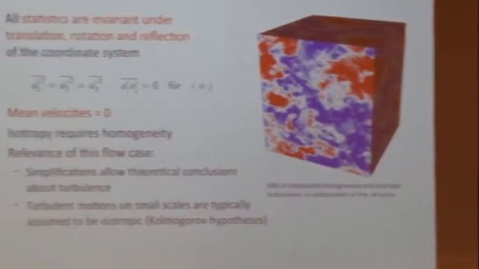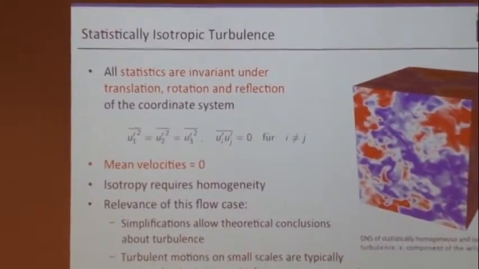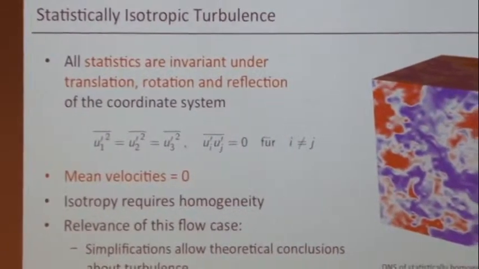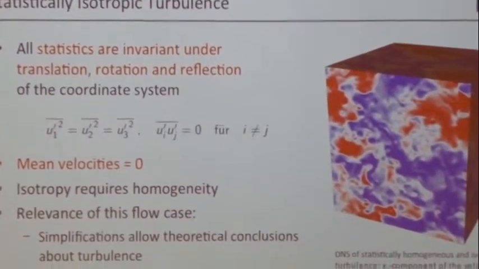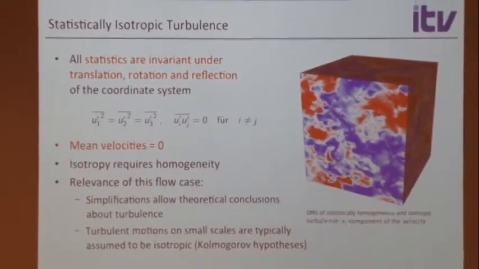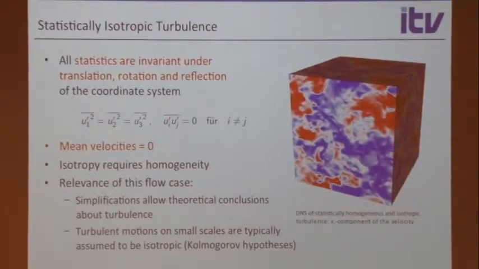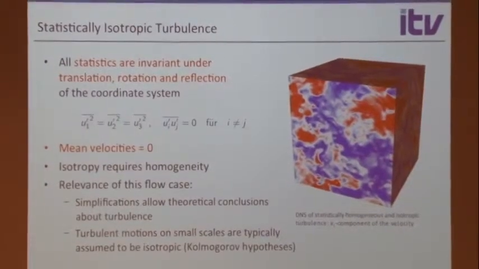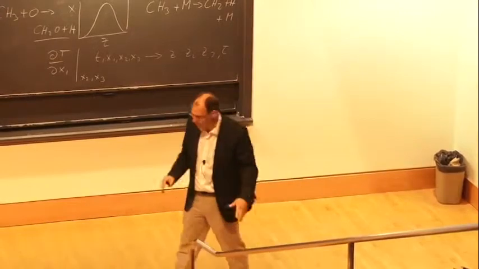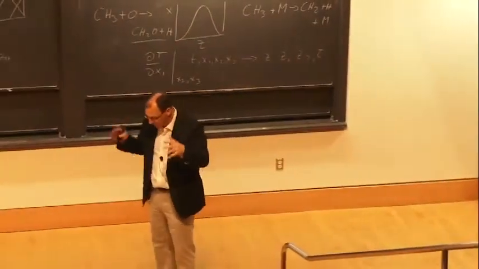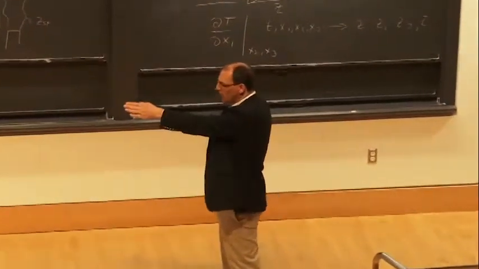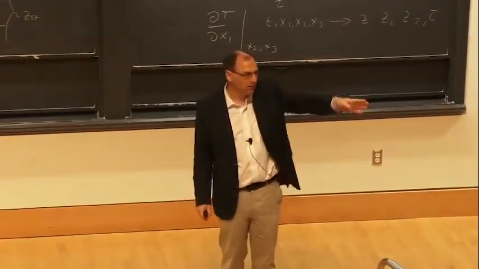And then the other one, here's isotropic turbulence. For turbulence theory, isotropic turbulence is very important. Isotropic turbulence means the turbulence is homogeneous, first of all, so it's invariant under translation in space, but also it's invariant under rotation. That means at this point all statistics have to be the same as at this point, but it also means that if I look in this direction, I see the same statistics as when I look in this direction.